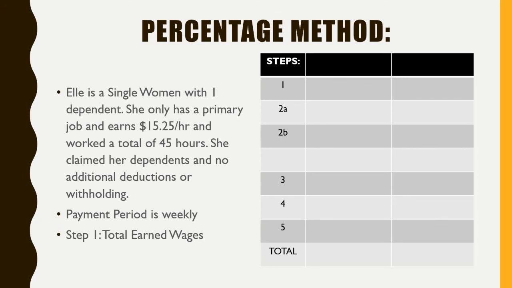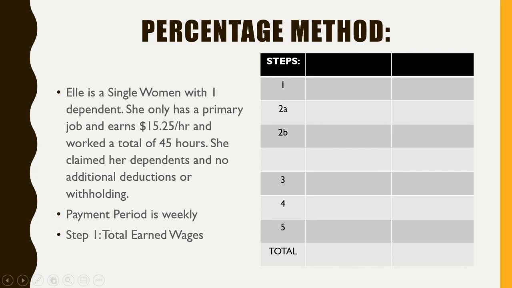And she earns $15.25 an hour and worked a total of 45 hours this week. And she claimed her dependents, and has no additional deductions or withholdings.